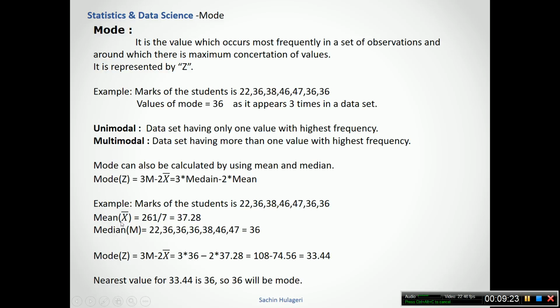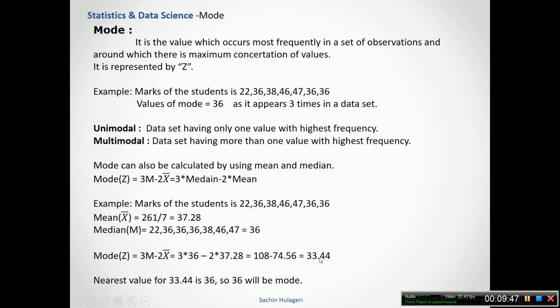Here the mean value is 37.28, and the median value, the middlemost value, is 36. And the mode as per the formula: 3 into 36 minus 2 into 37.28, which is 108 minus 74.55, and that gives 33.45.